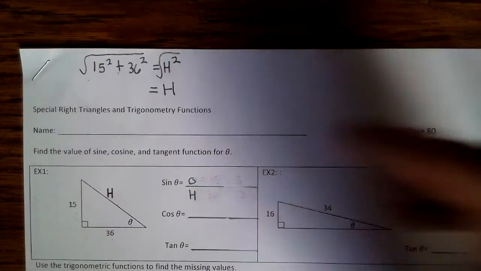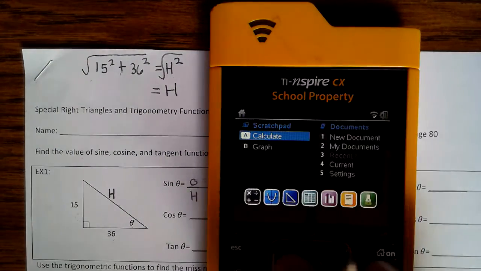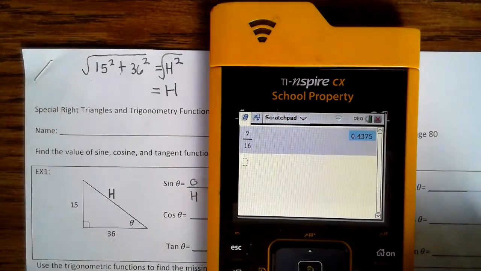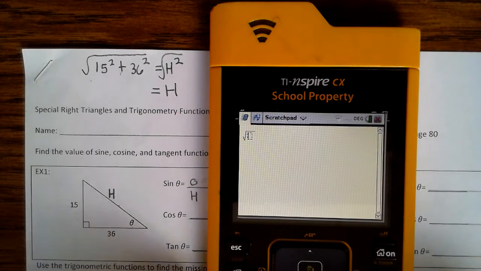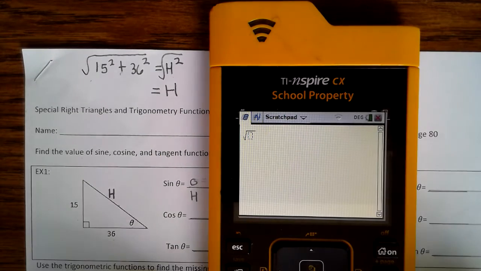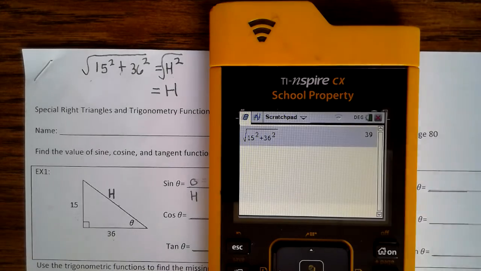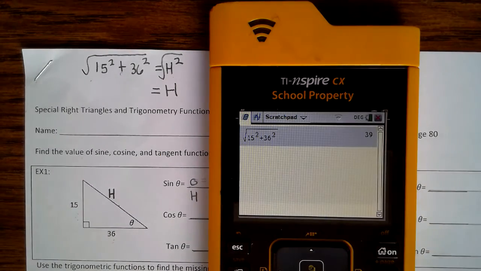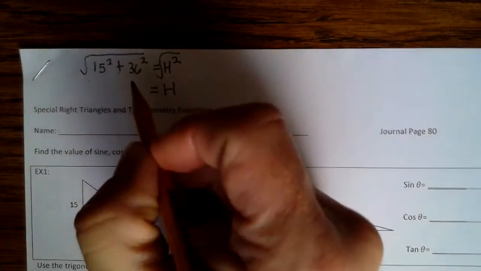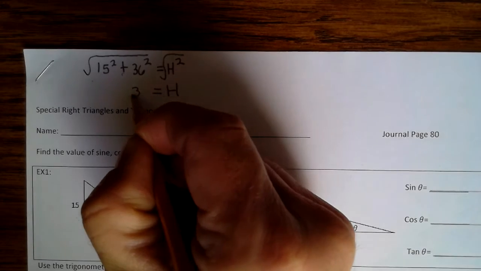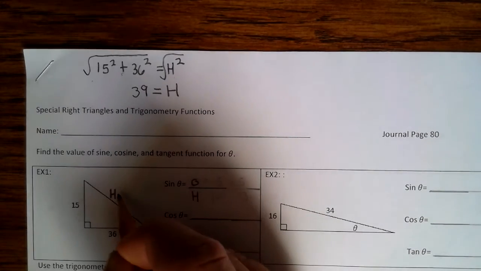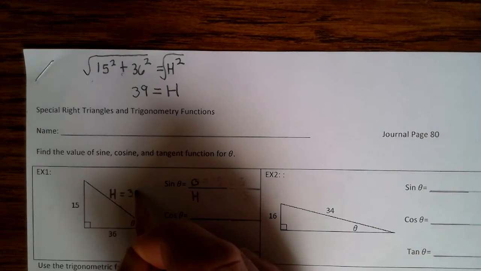So h equals the square root of 15 squared plus 36 squared. Let's use our calculator to get that. The square root of 15 squared plus 36 squared is 39. So the hypotenuse is 39.